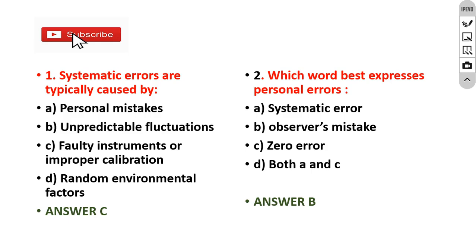So systematic has to do with the fault in that very system. Even the zero error is a kind of systematic error, and even the last option D still looks at A and C, which is not the correct option.